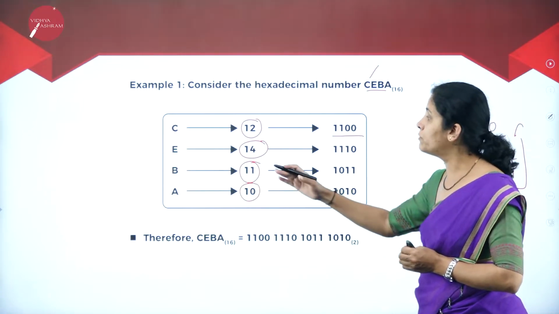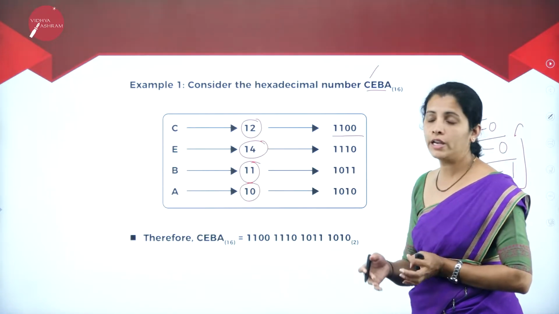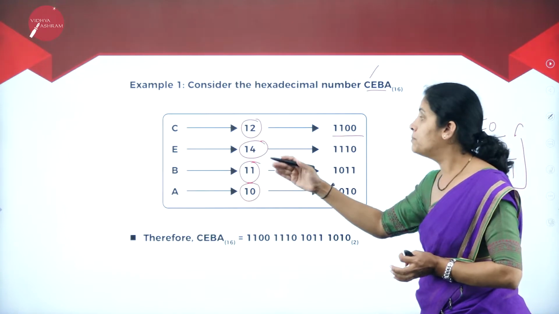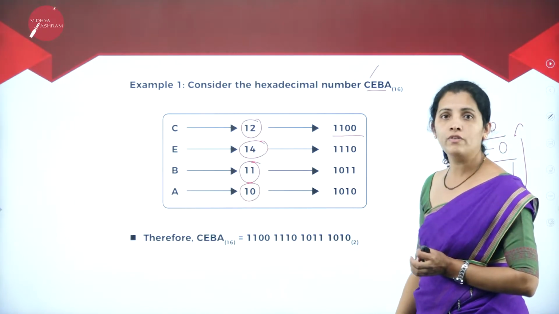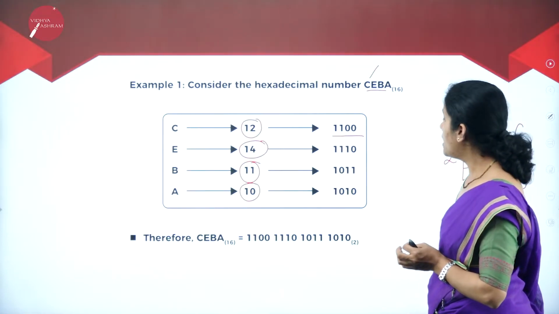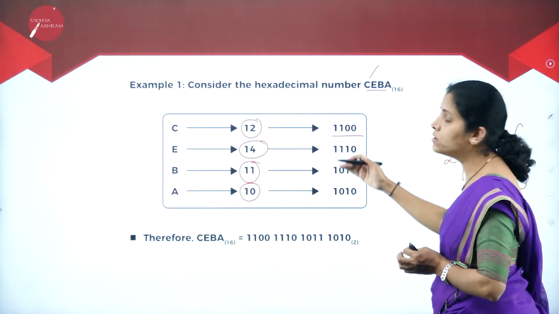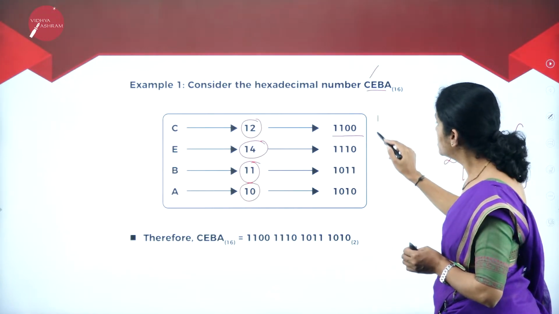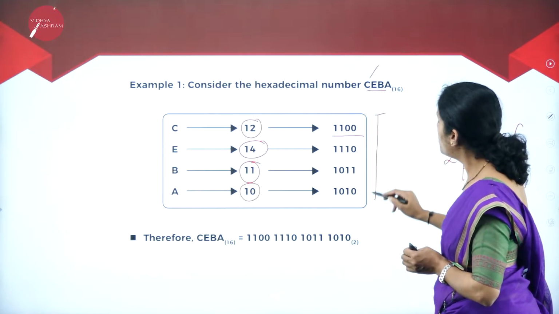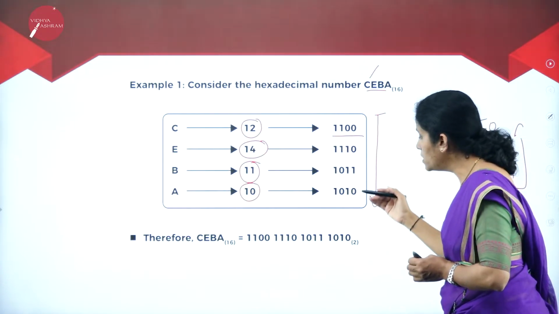Similarly, I'm going to find the binary value for 14, the binary value for 11, and the binary representation of 10, and I'm going to club all the values together. How am I going to club? I'm going to start from the top and move towards the bottom.